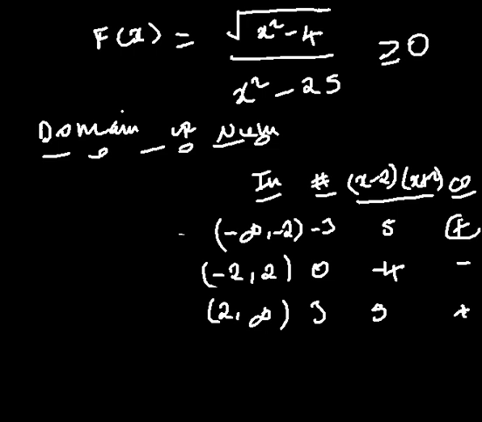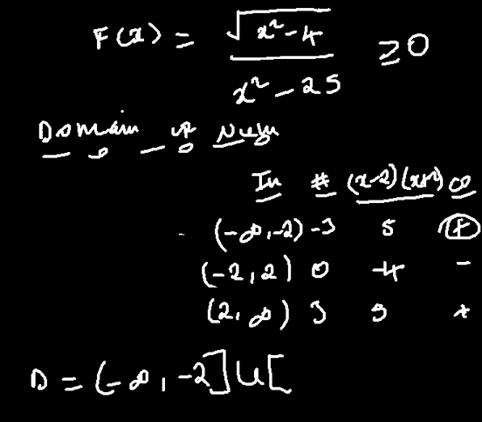So the domain of the numerator should be negative infinity to negative 2, part of the interval, union positive 2 to positive infinity, also part of the interval.